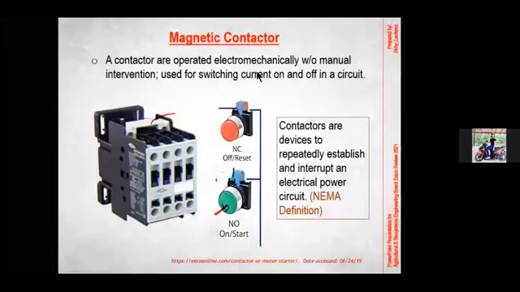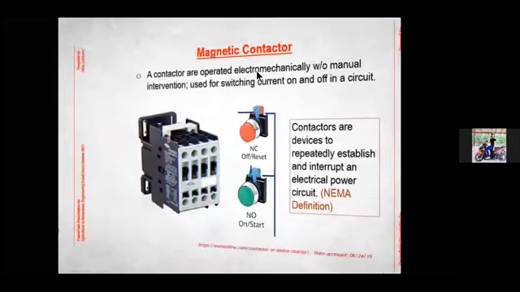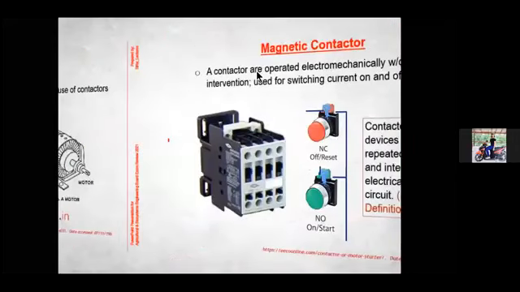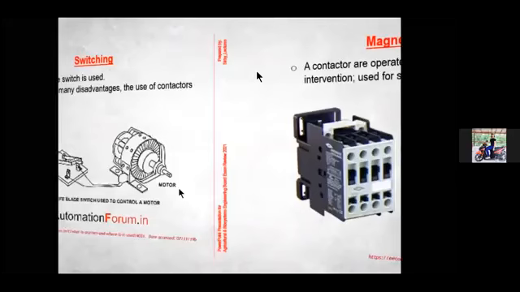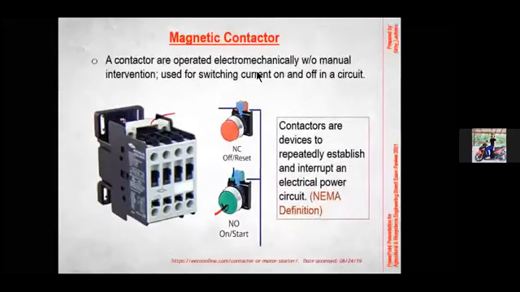So once I press the on and start, I'm not exposing myself to the electrical arcs compared to this knife switch. In that way, this is more safe. Okay, so used for switching a current on and off in a circuit.